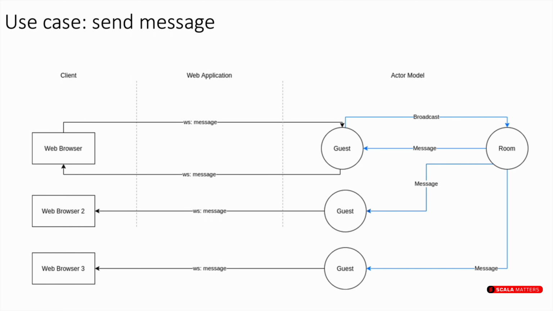And the guest actor, when it receives the message from the room actor, communicates this message to the client through the WebSocket, because the guest actor has the socket connection in its state. So this is the design.